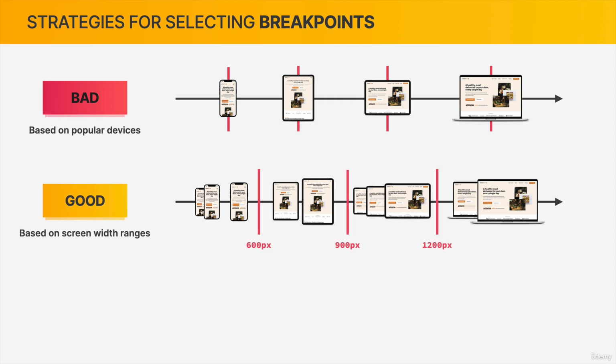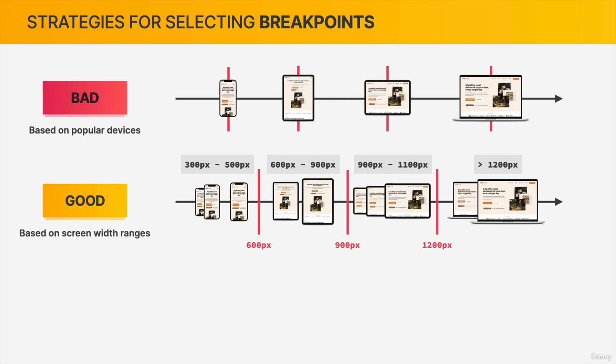And so this is already a lot better than the first strategy, because we're using a lot of different devices here. And even more importantly, we're not setting breakpoints at one specific device, but between similar device sizes. And so you can see that nicely by these red bars here. So we can assume that most phones are somewhere between 300 and 500 pixels, and that most tablets are between 600 and 900 pixels.